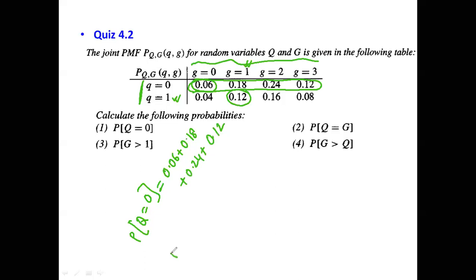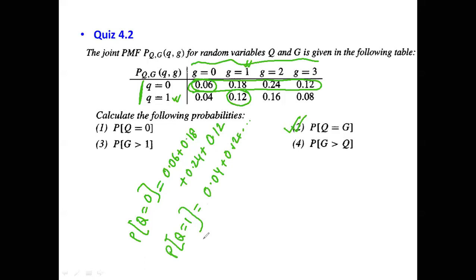Similarly, if I say probability of Q equals 1, what will that be? Sir, addition of 0.04 plus 0.12 plus something like that. Okay. Number 2. What is the probability of Q equal to G?